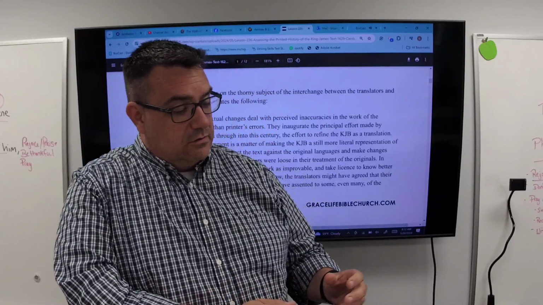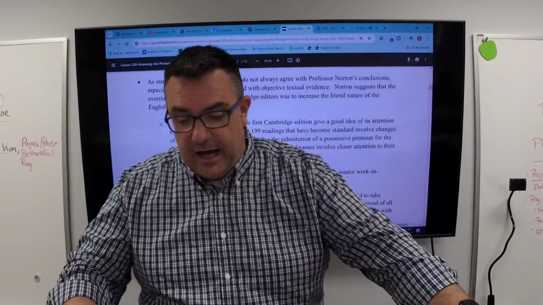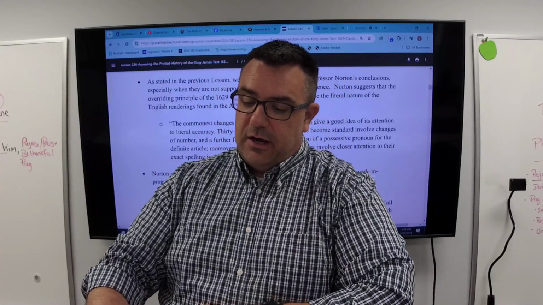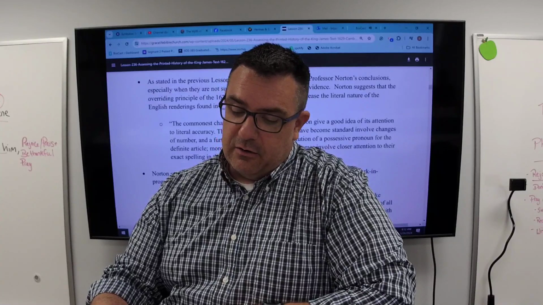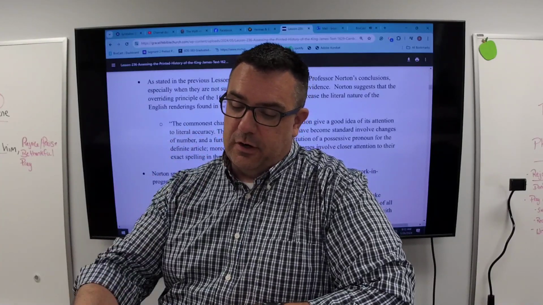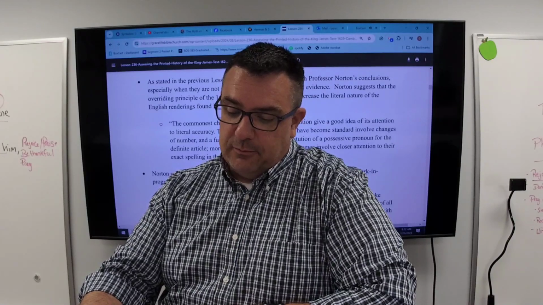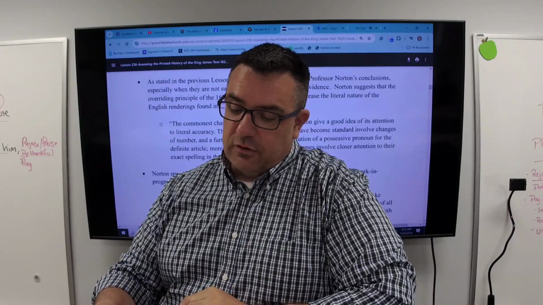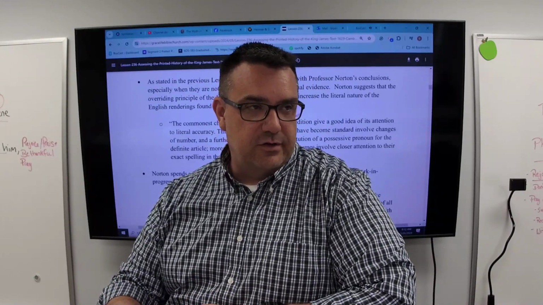So what we're going to be doing is just looking at examples of occurrences here so that you guys can see what's going on. As stated in the previous lesson, we do not always agree with Professor Norton's conclusions, especially when they are not supported with objective textual evidence. Norton suggests that the overriding principle of the 1629 Cambridge editors was to increase the literal nature of the English renderings found in the AV, or found in the King James Bible.